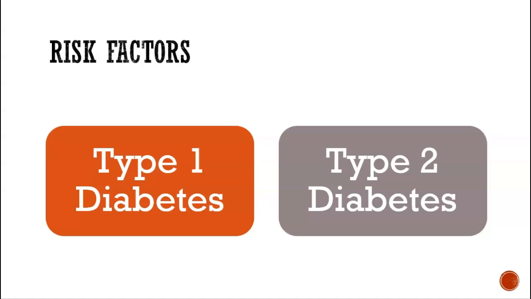Our risk increases as we get older, so age is a factor, and this may be because people tend to exercise less, lose muscle mass, and gain weight as we age, but we're also seeing an increase lately in type 2 diabetes among children, adolescents, and younger adults. And again, they're attributing a lot of that to inactivity and weight as we see activity levels decrease culturally and weight increasing.